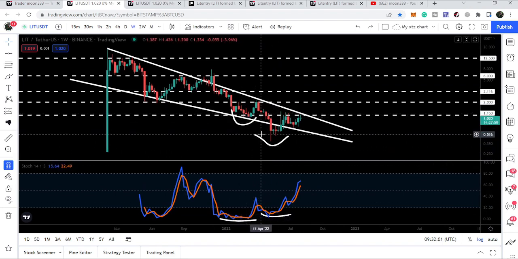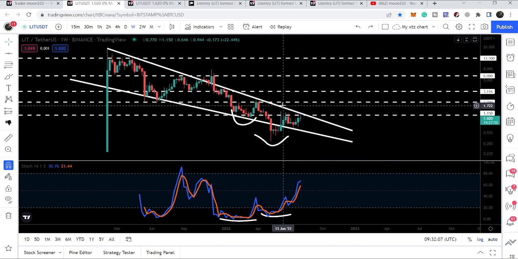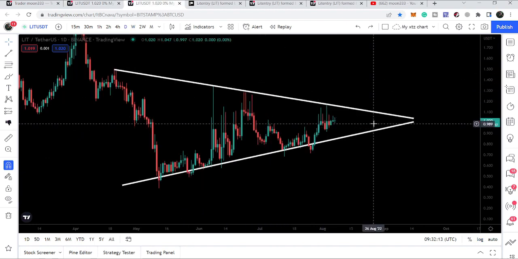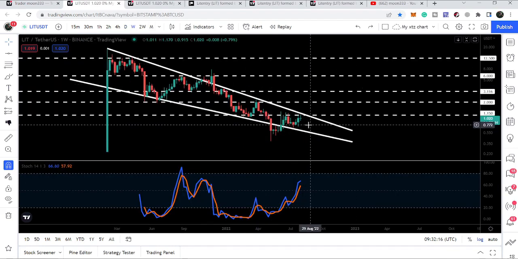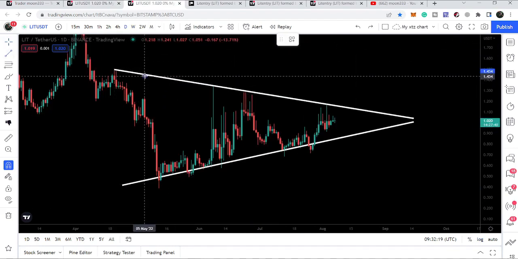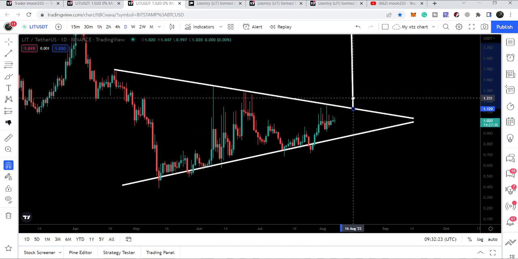So there was a very big bullish divergence, and we are reaching the resistance of this falling wedge with a very big bullish divergence. Therefore, there is a very high probability that it may break out this resistance of the triangle as well, and also this falling wedge pattern. Now, if we take a look at the target for this triangle, our target can be after this breakout.